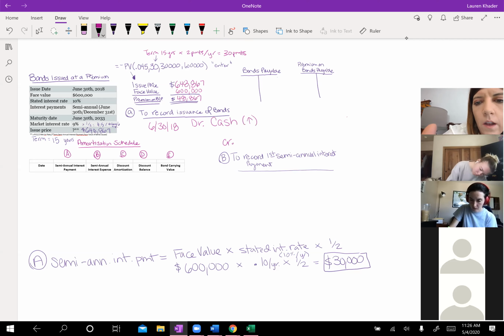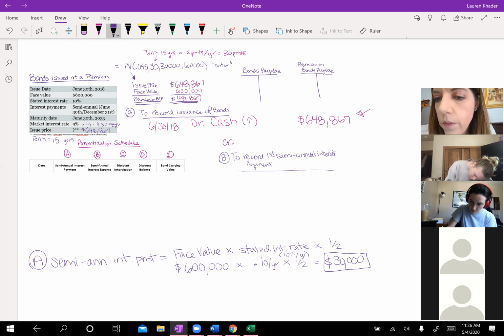Increasing cash. How much cash do we receive when we issue bonds? 648,867. It's always the issue price, exactly. So we're not always receiving the 648, but in this case we are, but we're always going to receive the issue price.